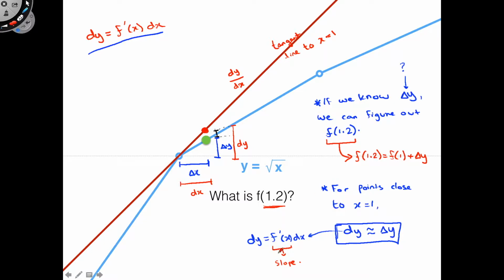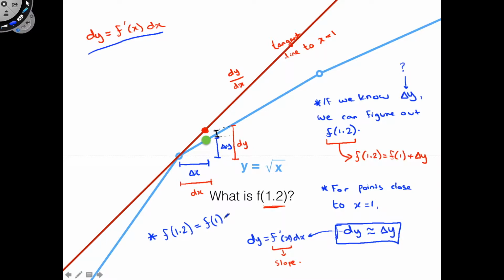And so therefore, because of all of this, we can make the following final assertion. We can say that f of 1.2 equals f of 1 plus dy. Oops, sorry, I keep saying f prime.